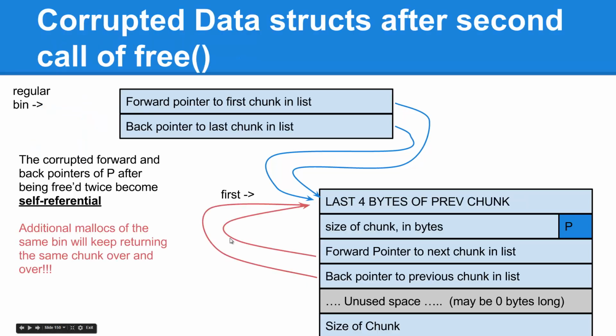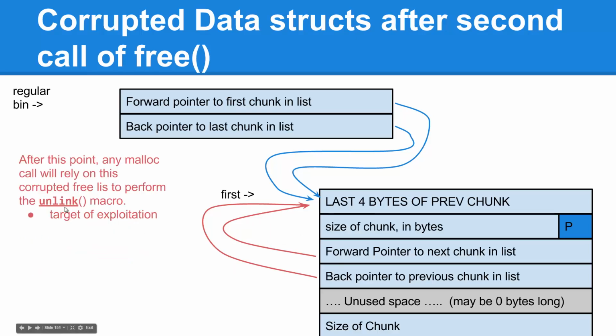A second free at this point will corrupt the structure. The forward and back pointers of the singular bin will point back to itself and become self-referential. Now, additional calls to malloc or other heap allocation functions will actually keep returning the same bin over and over, and that's because the unlink macro will fail at this point.